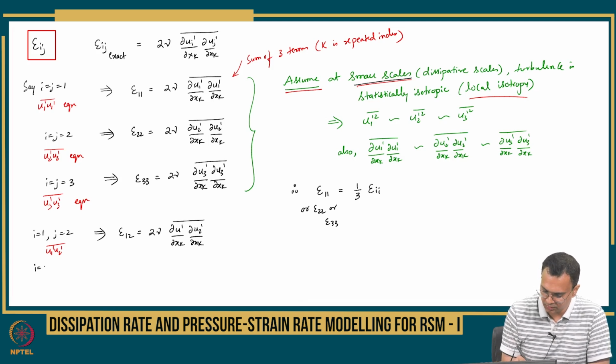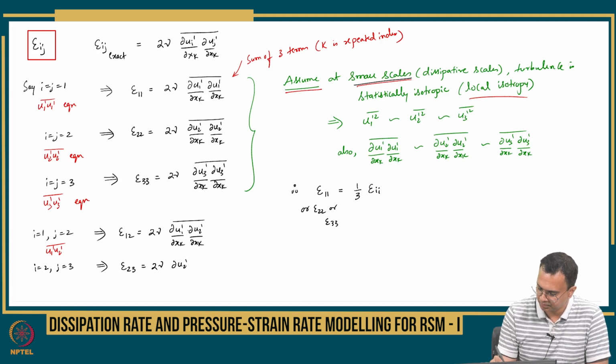Similarly, i equals 2, j equals 3, epsilon 23 will give me 2 nu dou u2 prime by dou xk, dou u3 prime by dou xk.